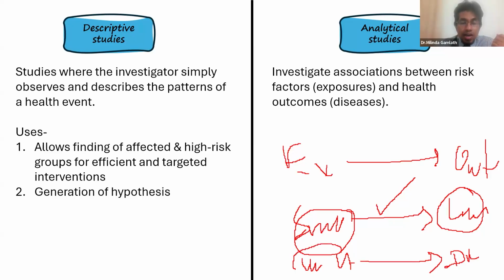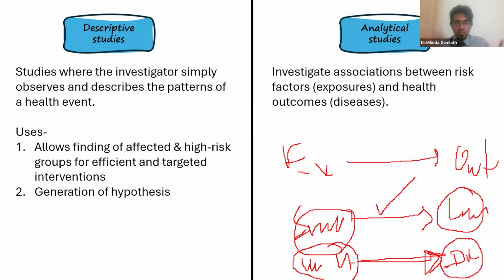So the diet high in sugar is the probable exposure, and diabetes is the probable outcome or the disease. What analytical studies do is try to find whether there is an actual association between unhealthy diet and diabetes, whether unhealthy diet actually causes diabetes. So that is what analytical studies do.